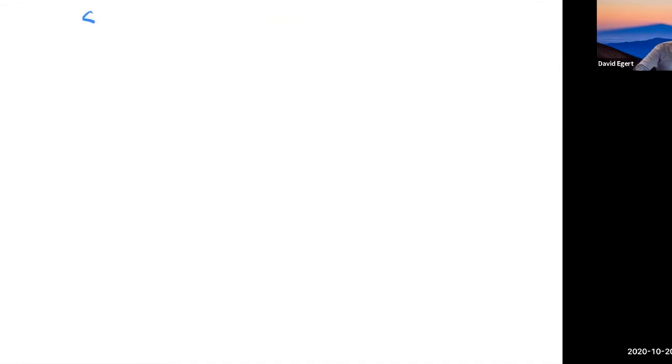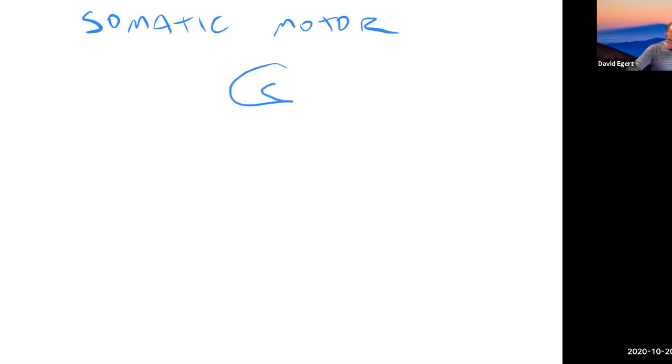So, somatic motor. All right, we have the CNS. Where do the messages begin that are going to go out to operate your voluntary muscles?